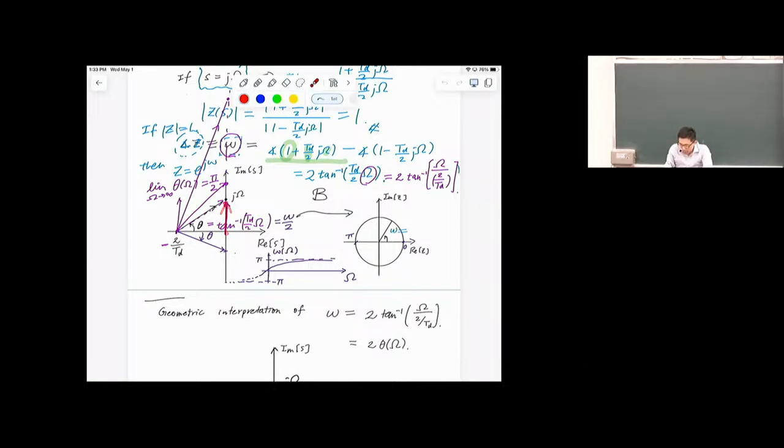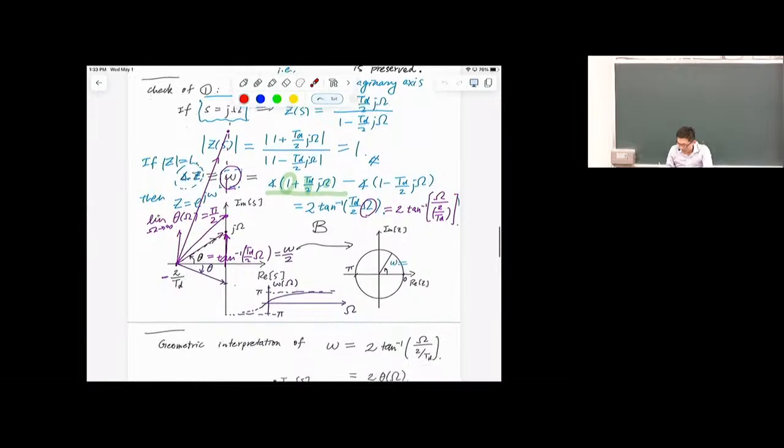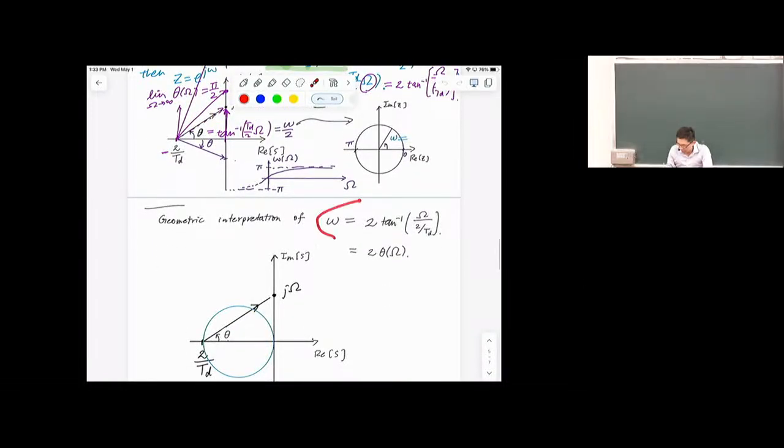Now we have a one-to-one mapping between the entire line and the unit circle, which has a finite length of 2 pi. And there is a formula that we derived last time, which is this. The bilinear transformation compresses the entire frequency axis for analog into 2 pi in digital.